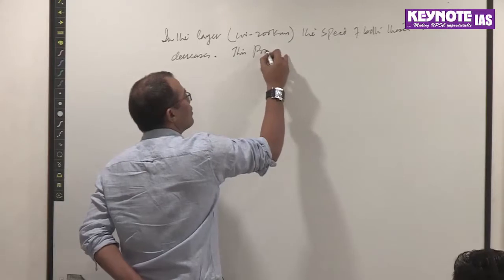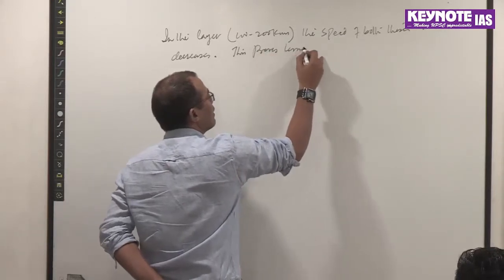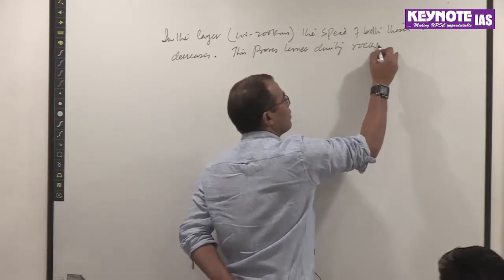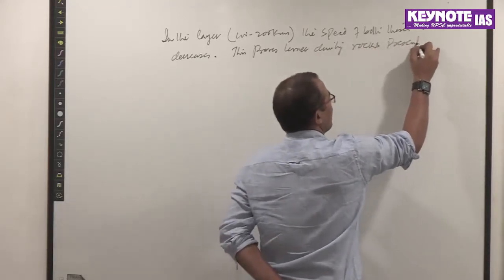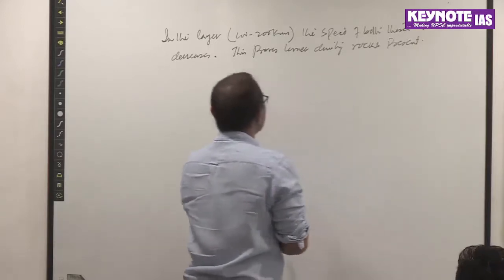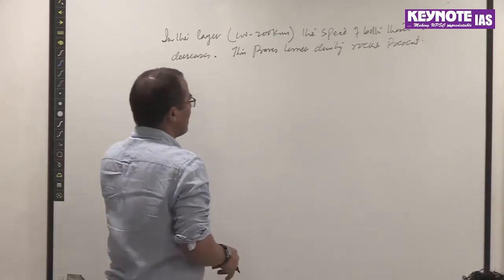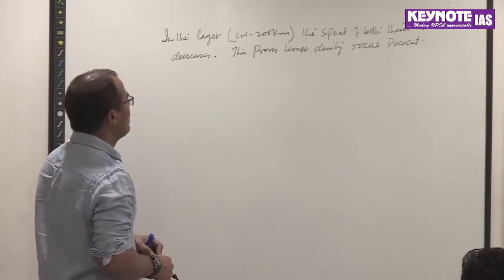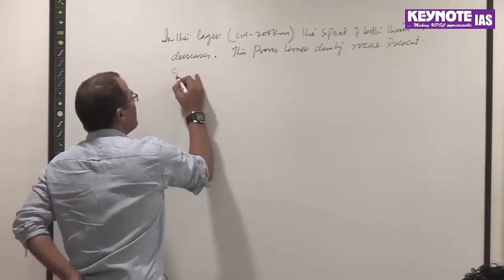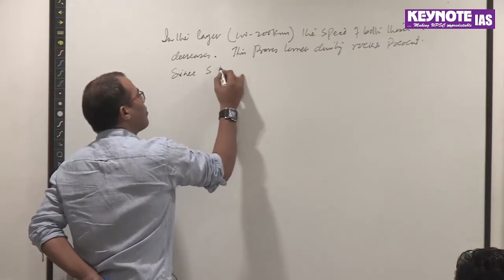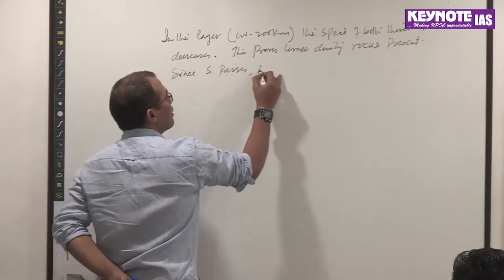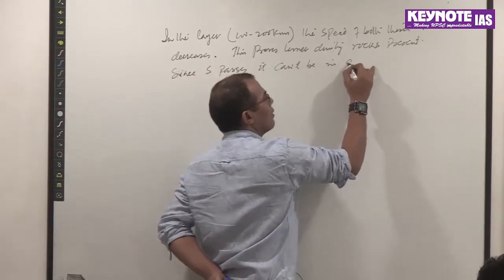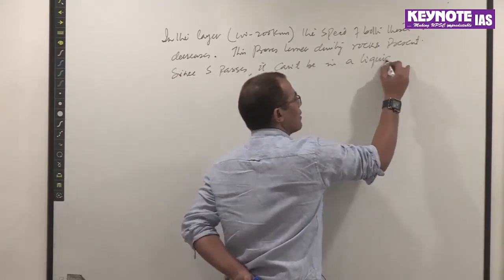This proves the presence of lesser density rocks. Since S waves pass, it can't be in a liquid state.